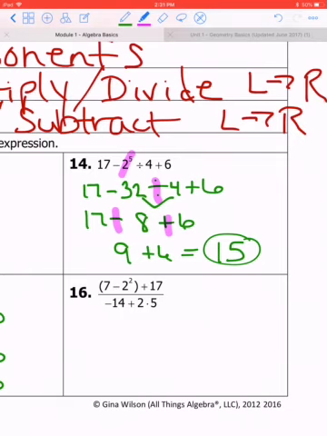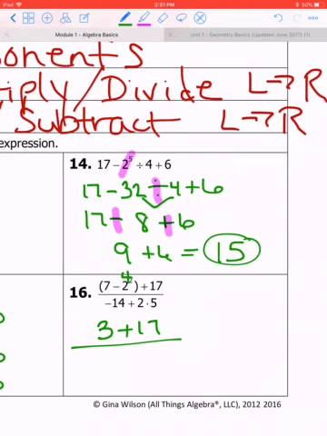Okay? And then if we look at the last one here, this one's the most complicated. So we have parentheses with an exponent in there. So we're going to solve the top part first. So inside parentheses, I'm going to do this exponent, 2 to the 2nd power. That's going to give me 4. So now inside my parenthesis, I have 7 minus 4. So that's a 3 plus 17.